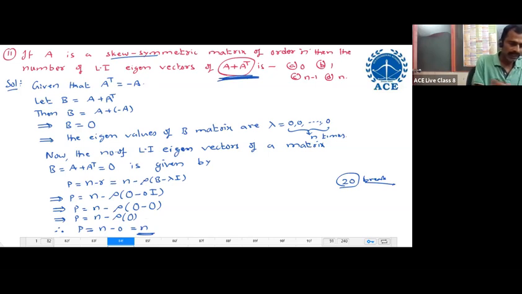Now we start the Cayley-Hamilton theorem, in short form C.H.T. The statement of this theorem.